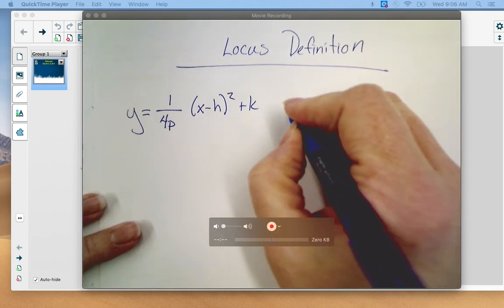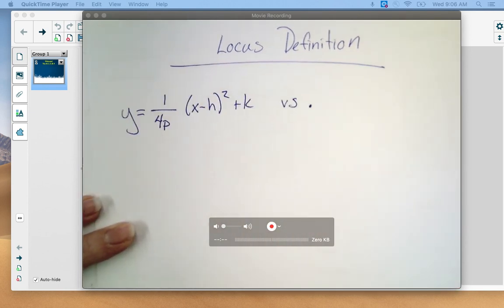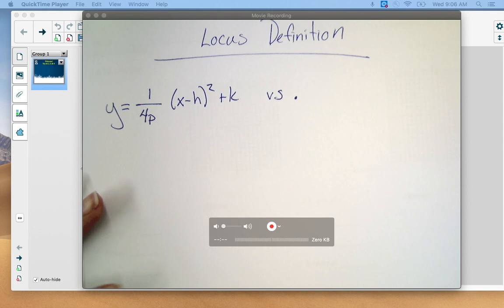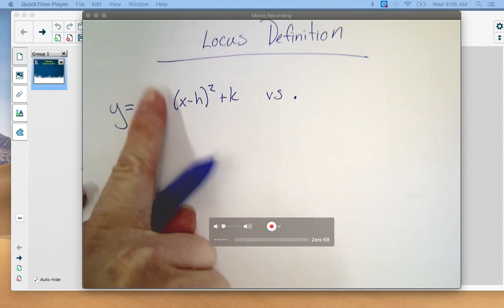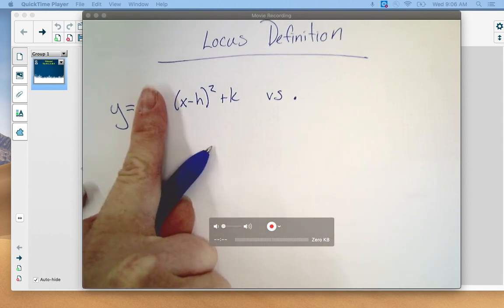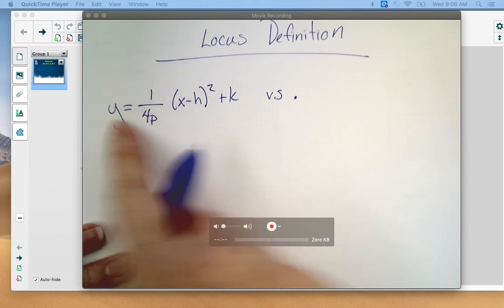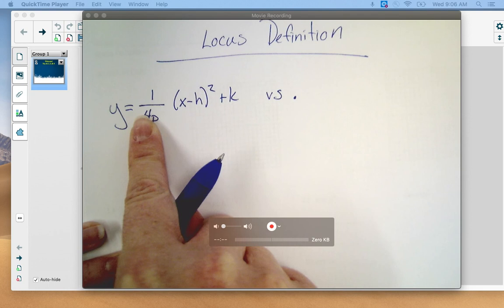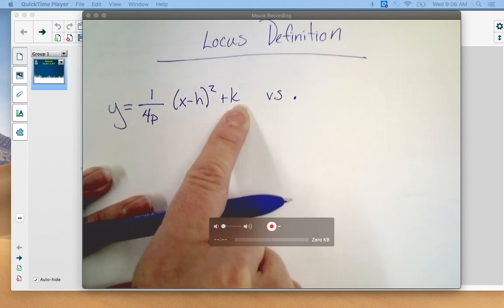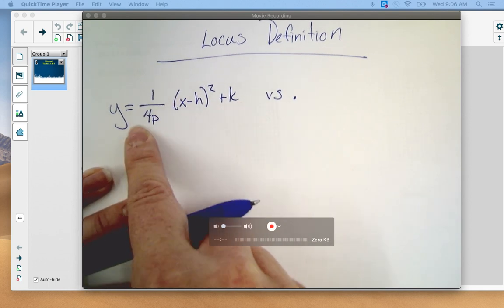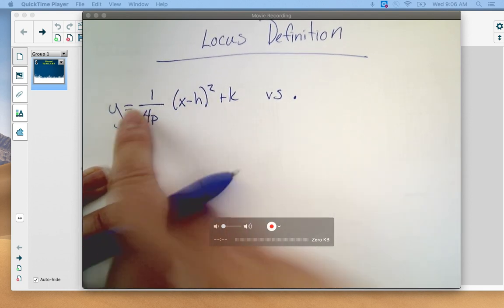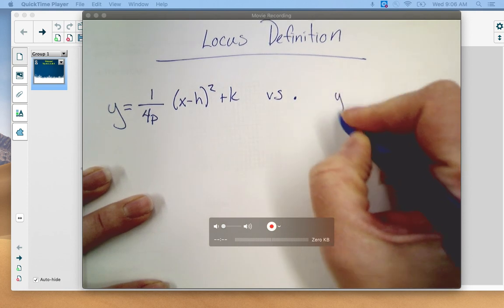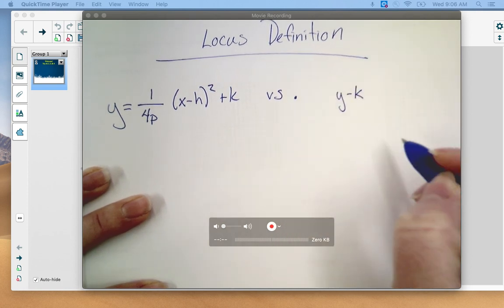Please know, another way that you could see this equation, I like this one, because if I took away this 1 over 4p, do you already know the x minus h quantity squared plus k part? Do we know that? Right, that's vertex form. That's our comfort zone, which is why I use this manipulation of the formula. The other manipulation, instead of solving for y equals, they can subtract k over, so it becomes y minus k.